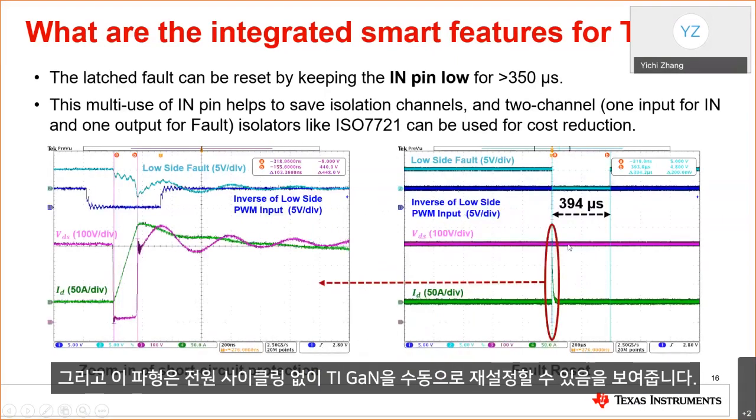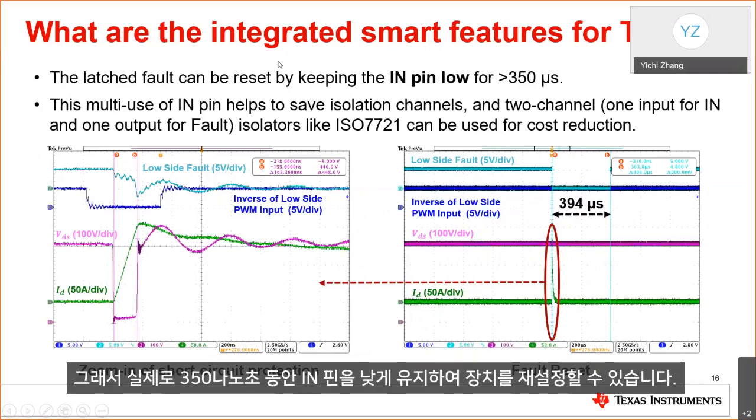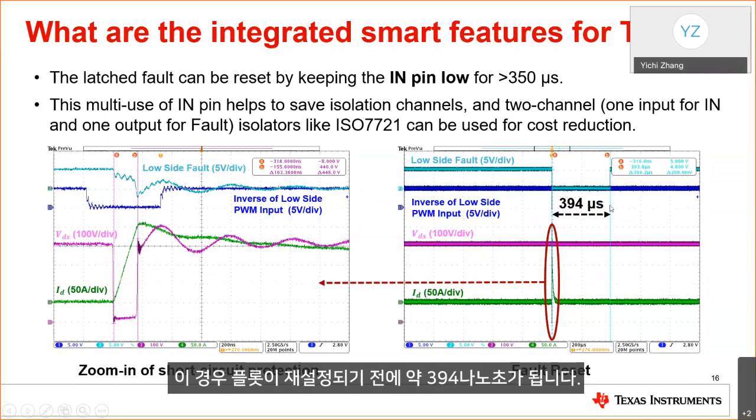This waveform shows how you can manually reset our device without power cycling. You can reset the device by holding the IN pin low for over 350 nanoseconds. In this case, it's around 394 microseconds before the fault is reset. The blue line is the inverse of the low-side PWM input.